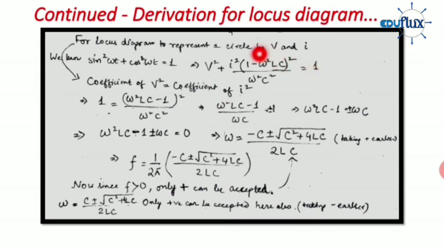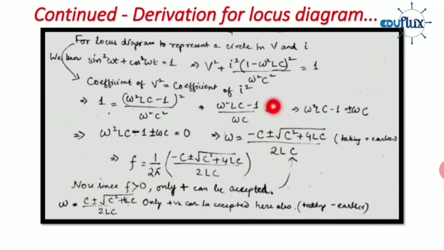So by varying the frequency or angular frequency f or omega of the source, what can we get? That the locus diagram in V and I will be a circle for only these two values of f, that is by taking the positive sign here and then the positive sign in the expression of the result, then by taking the negative sign here and taking the positive sign in the expression of the result.